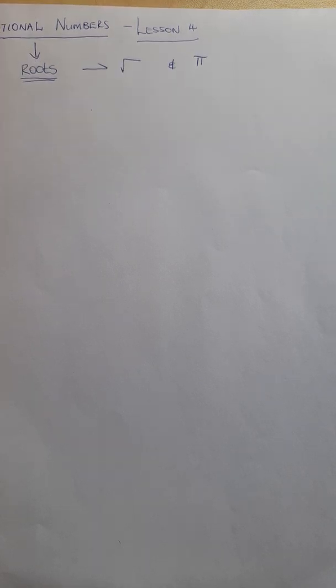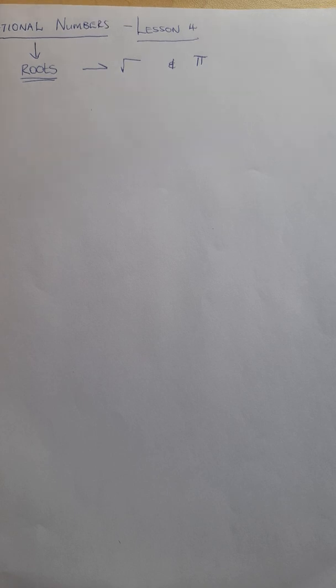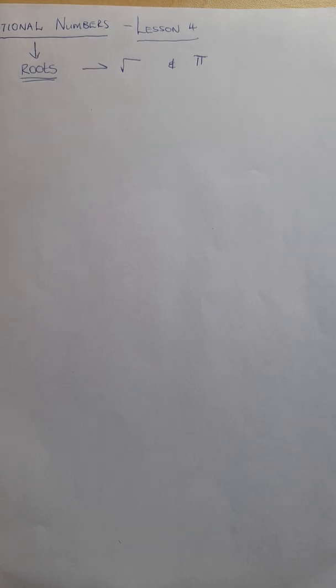Okay, irrational numbers, as you can see there, we have discussed that when we started with our lessons. We said irrational numbers is a number that cannot be written as a fraction, as a numerator over a denominator where both numbers are integers.